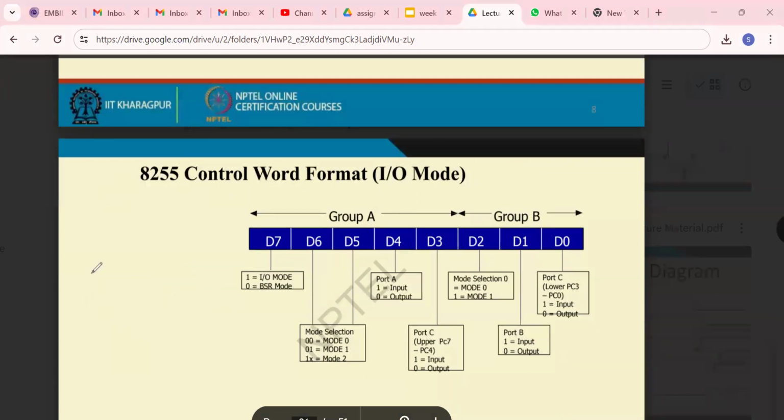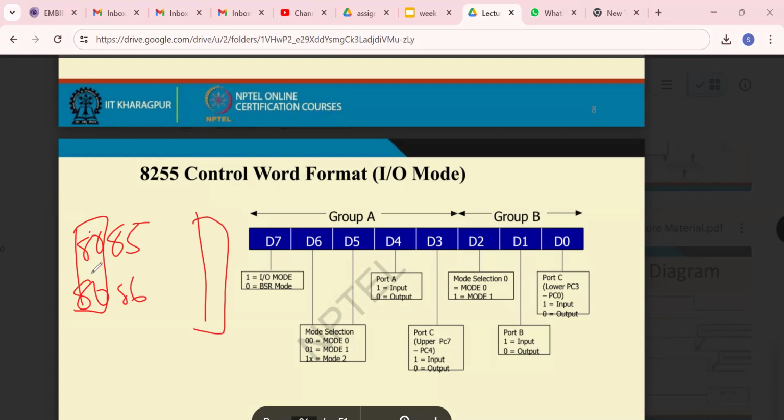When I take my microprocessor, whatever we have seen, 8085 or 8086, I cannot directly connect it to IO devices like a motor, stepper motor, or traffic light control system.